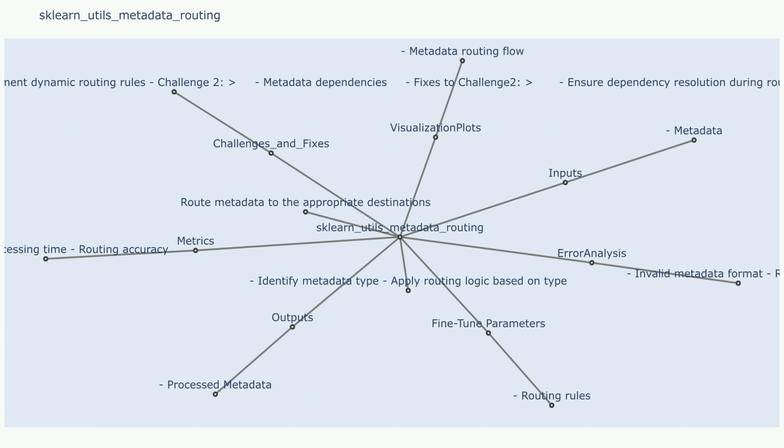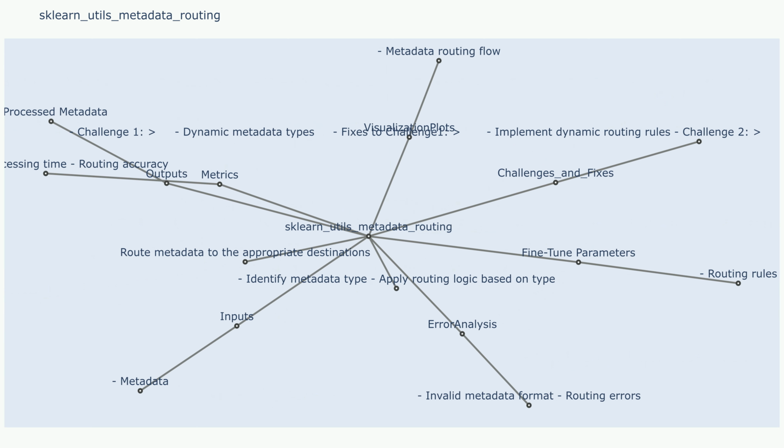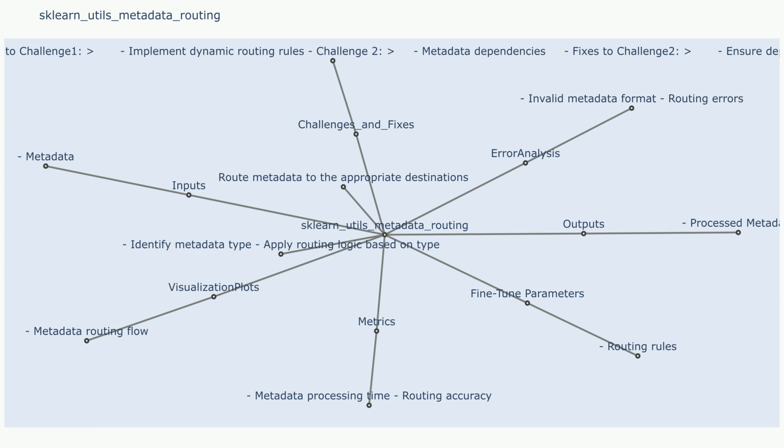Inputs: metadata: a dictionary-like object containing key-value pairs representing metadata associated with an object, e.g., estimator. Dataset: routing: a list of tuples, each tuple representing a routing rule. Each rule consists of a source key, a destination key, and an optional transformation function.